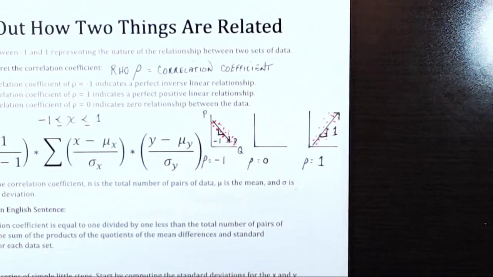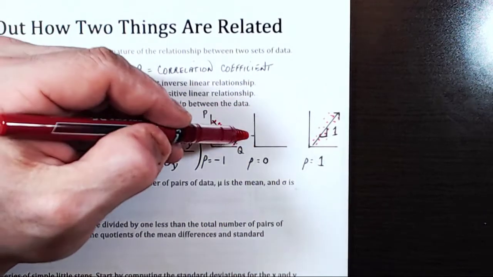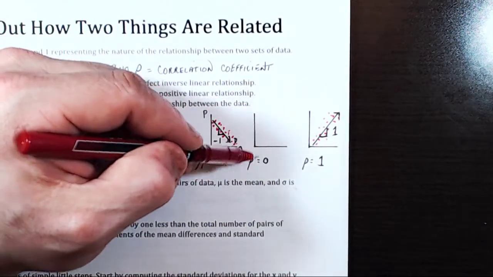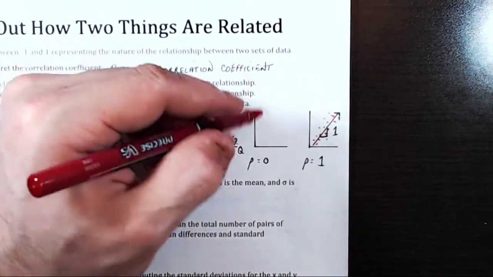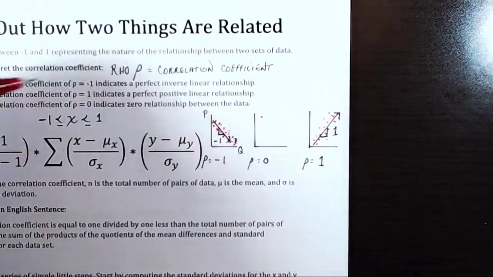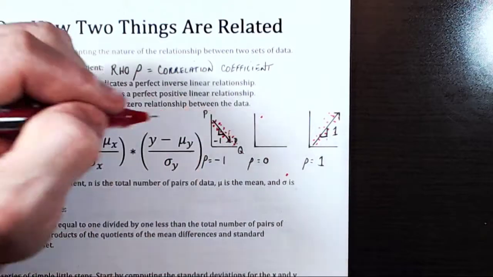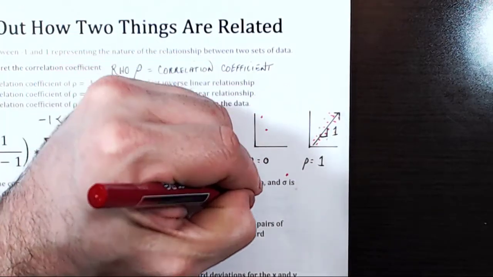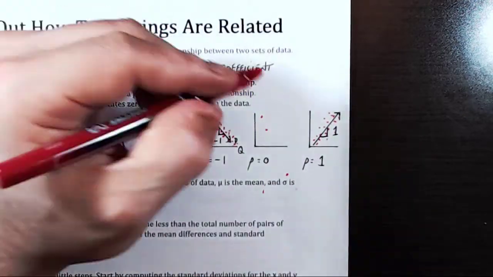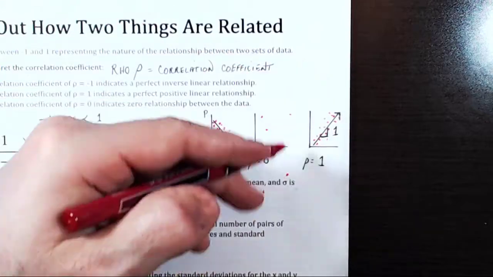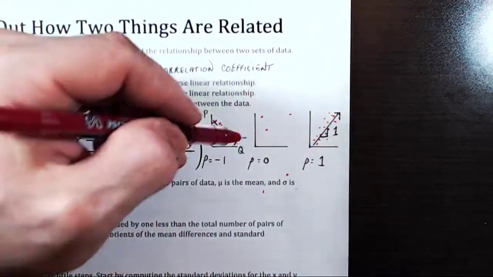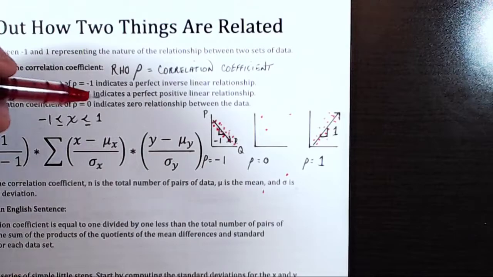Okay, now when the correlation coefficient is 0, that means that there's no relationship. Like we might have a data point here, and then I might have another point here, a point here and a point down here, a point over here. It's just we can't do anything with the data. There's no correlation between the data.